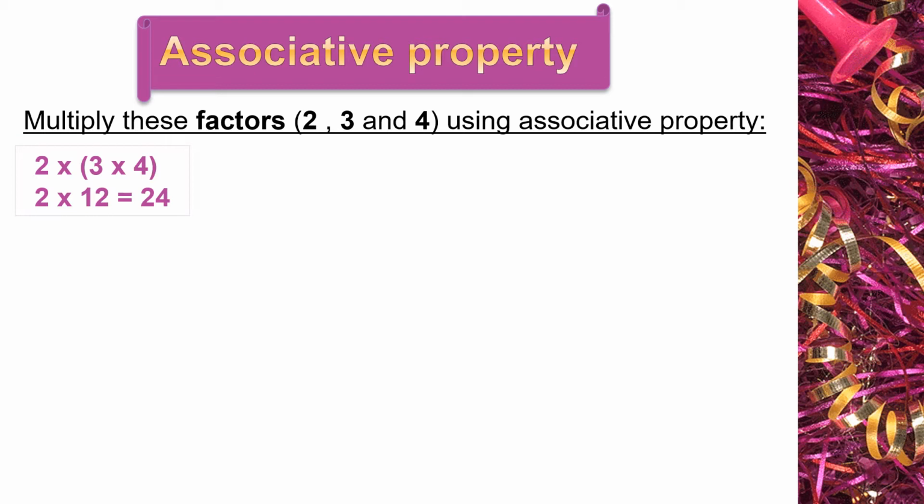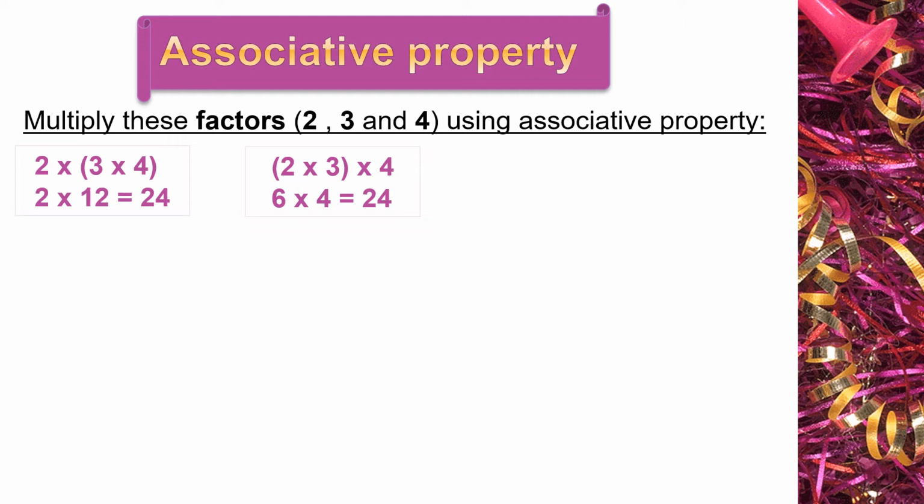Can I switch the order or can I change this order? Yes, like this. 2 times 3 times 4. Here I put 2 and 3 between 2 brackets. And remember something which is very important.